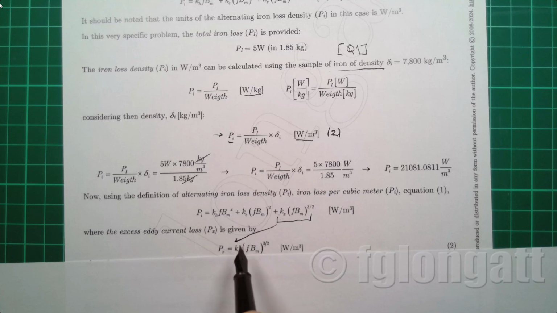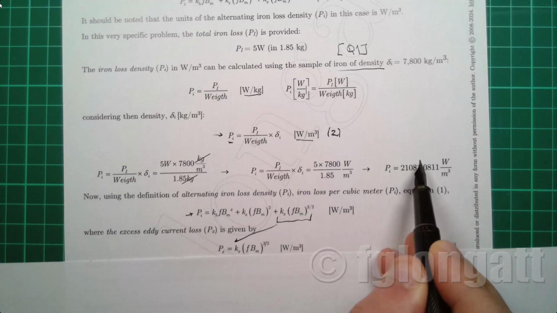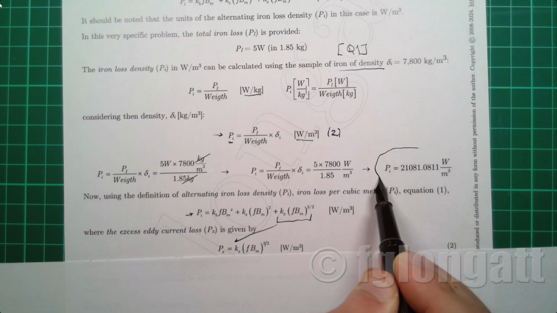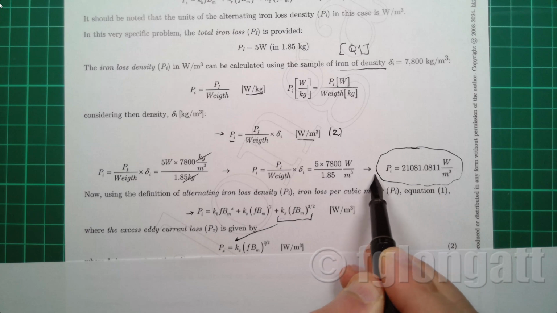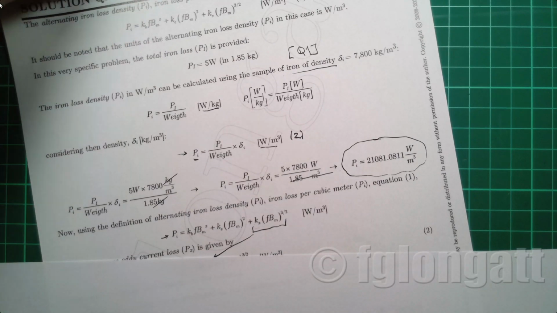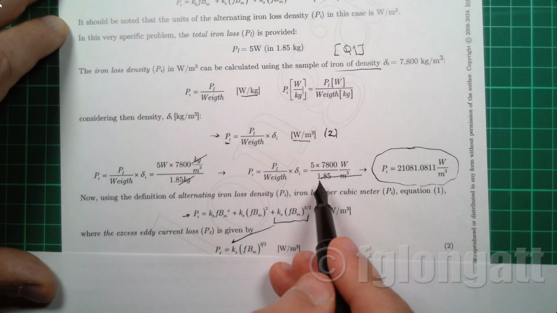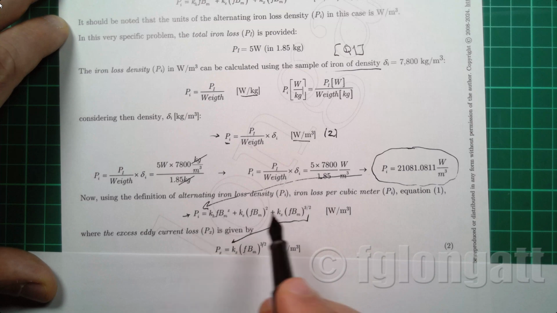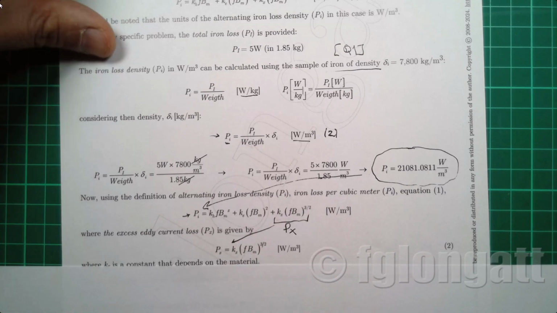We already know, in the proper units, Pi, because Pi is 21,000 watts per cubic meter. So we know the right side of this equation, and what we want to know is Px.